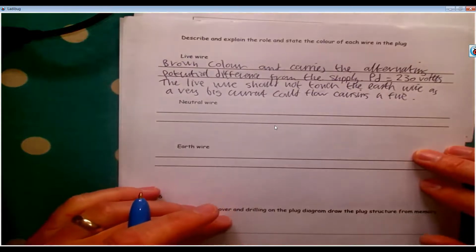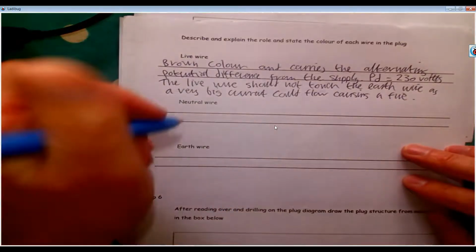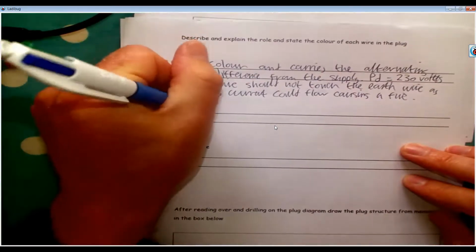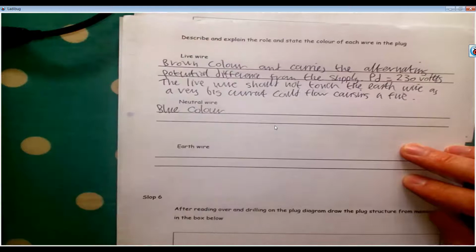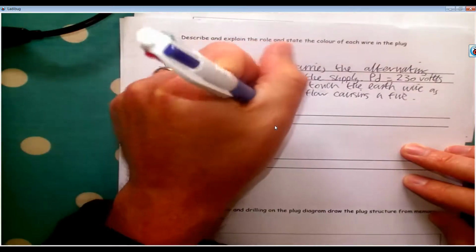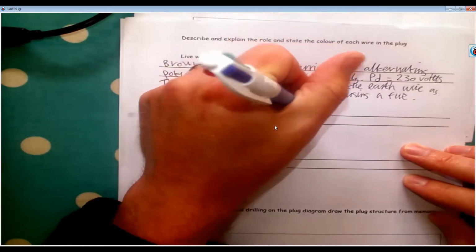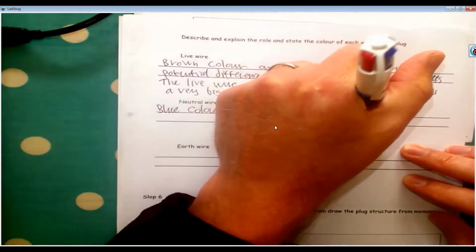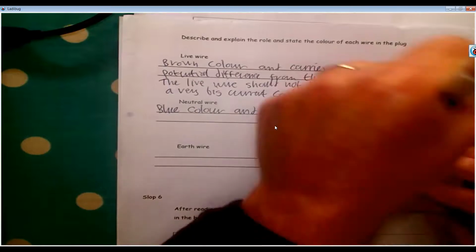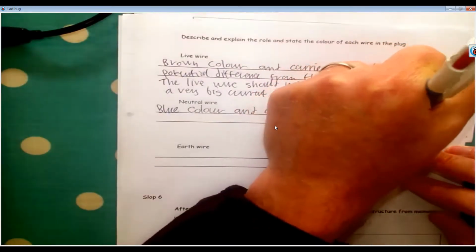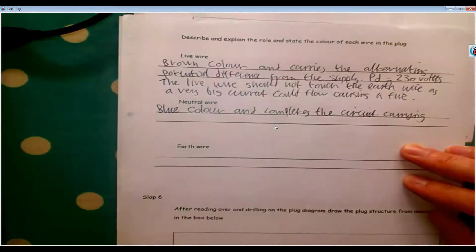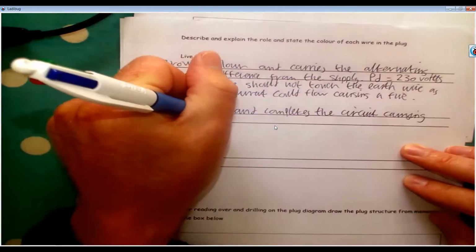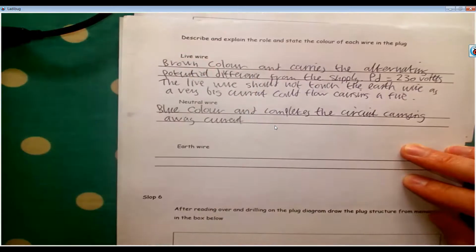What about the neutral wire then? Well, if you remember from the diagram, it's a blue color and completes the circuit carrying away current.